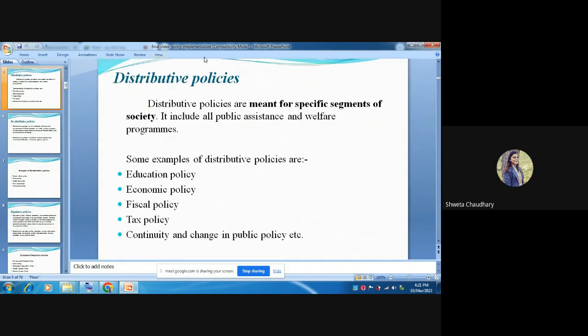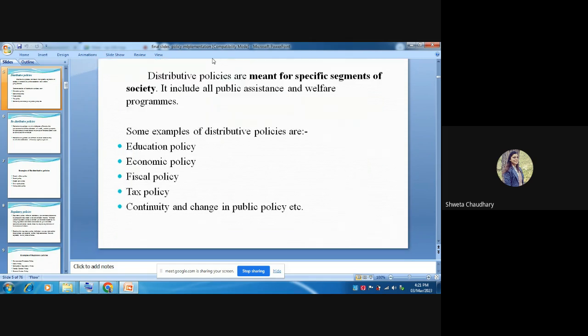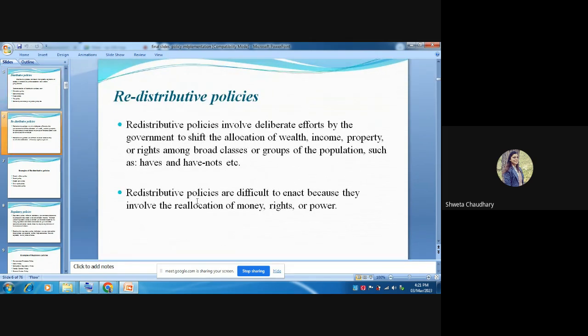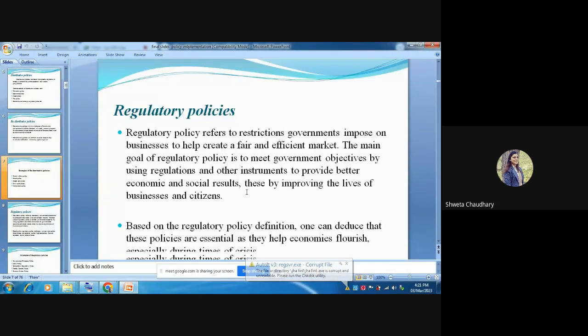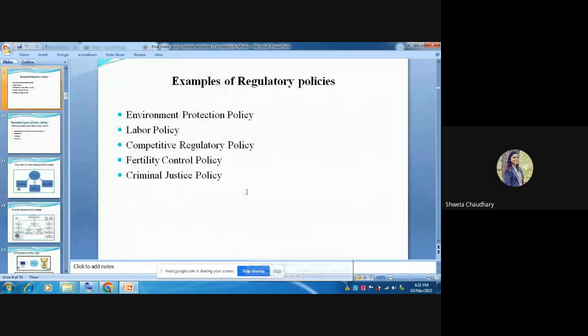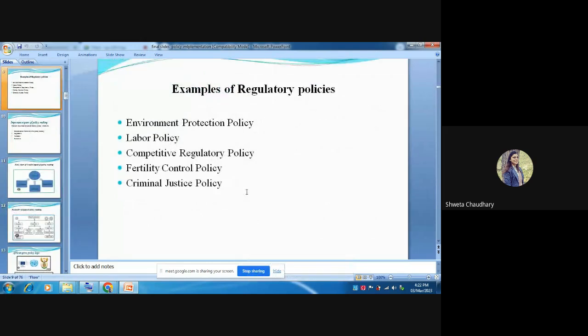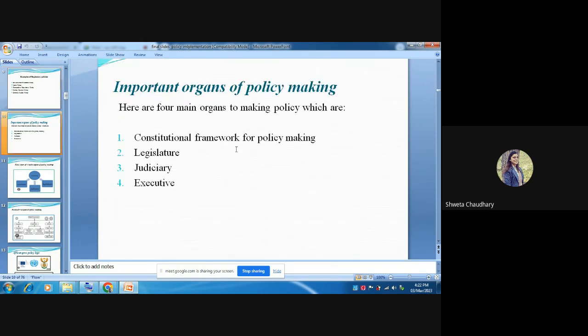Distributive policies are for a particular sector. Redistributive policies are about when you get additional income of the government, how it is to be distributed for social welfare, like for health, education. And regulatory policies are like supportive policies on how an organization is being run, like labor policy, fertilizer policy, how they should be run, what are their controlling or regulatory policies.